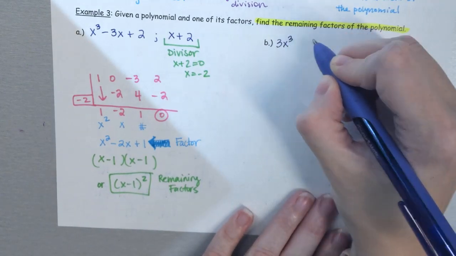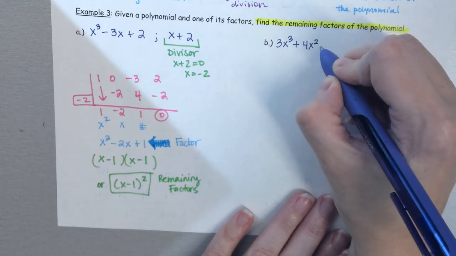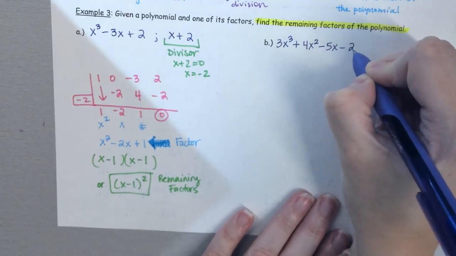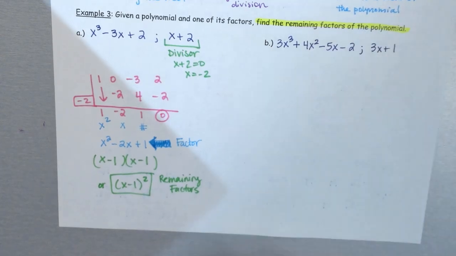Okay, and then for B, we have 3x cubed plus 4x squared minus 5x minus 2, and then the divisor is 3x plus 1. If you're using synthetic division, remember the leading coefficient of the divisor has to be 1.